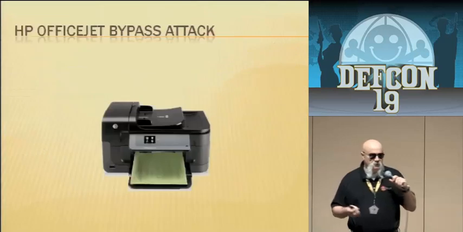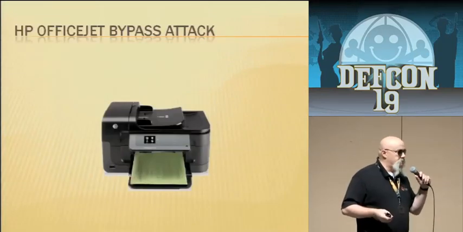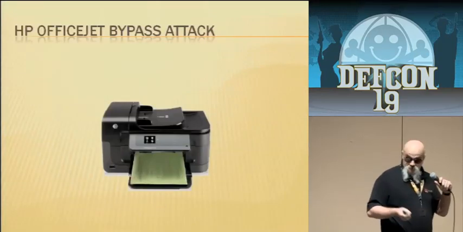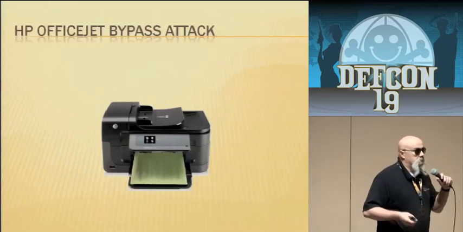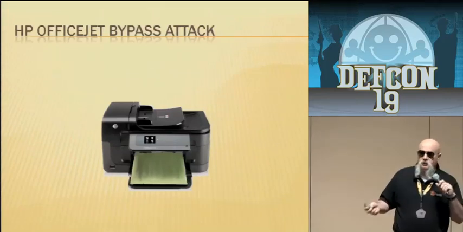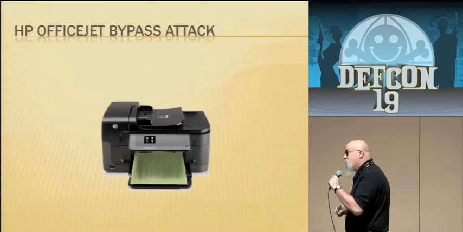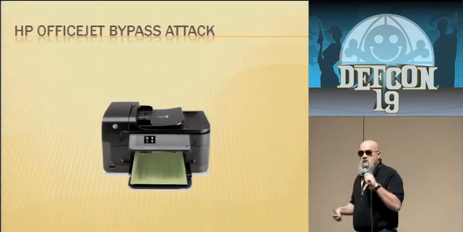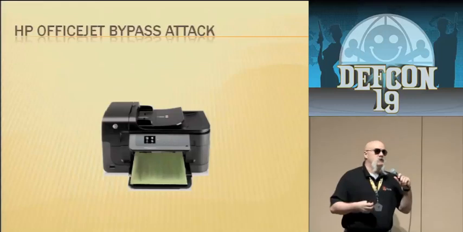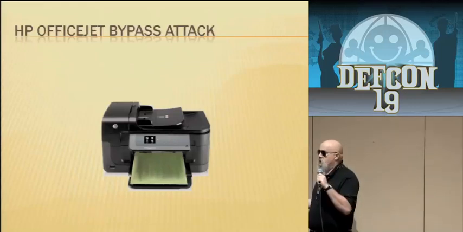So the second example, and this is an HP OfficeJet device. A lot of you guys probably have these sitting in your home right now. The reason why I mention this is it's a really good example of a bypass attack. Plus, as a pen tester, I've been noticing a large number of these showing up on corporate networks.